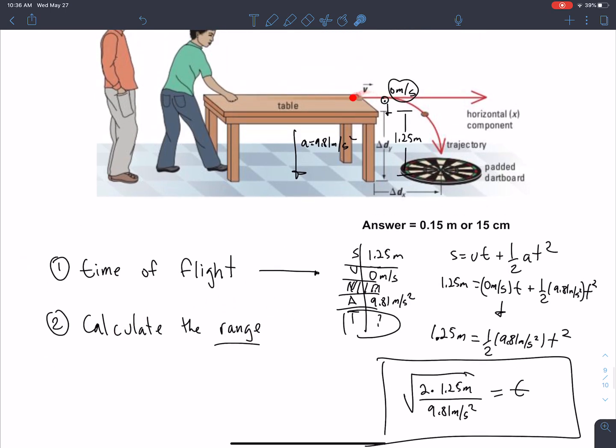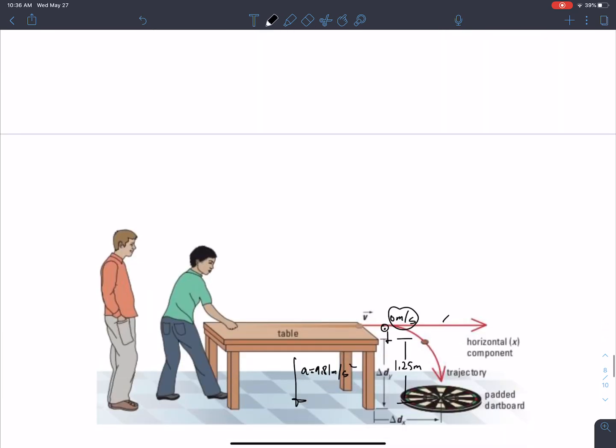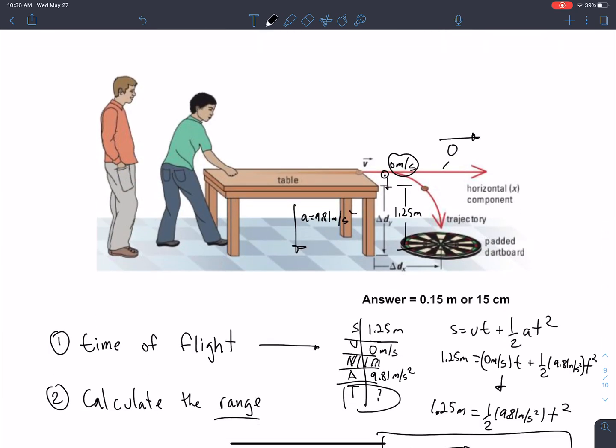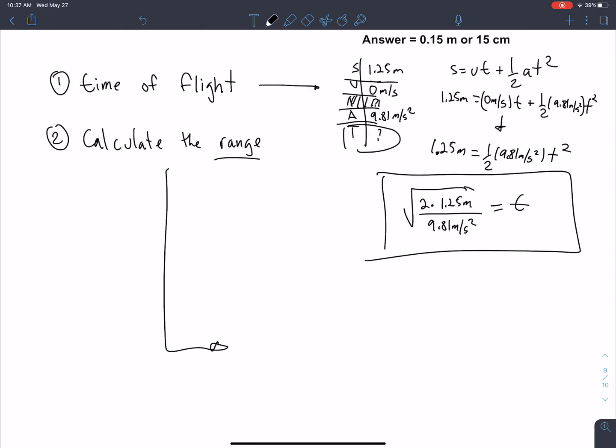This coin is traveling at a horizontal velocity of 0.3 meters per second. So the range is going to be equal to, because it's a constant velocity, S is equal to velocity times time. That's for constant velocity. That coin is traveling at a constant velocity, and the time that it travels is limited by the time of flight, which is the time it takes to drop to the ground, using that formula.